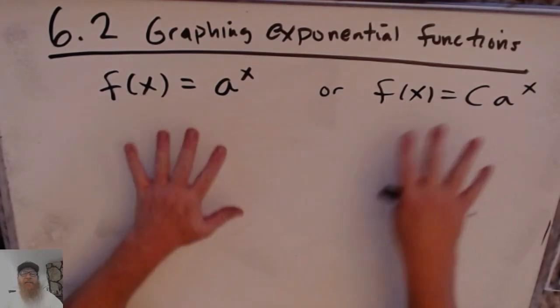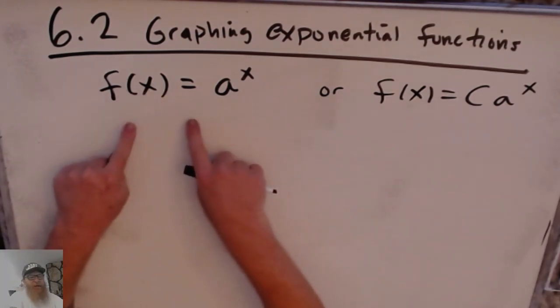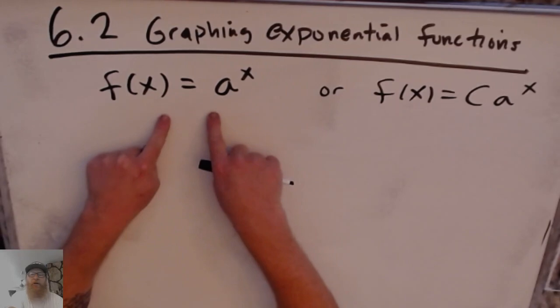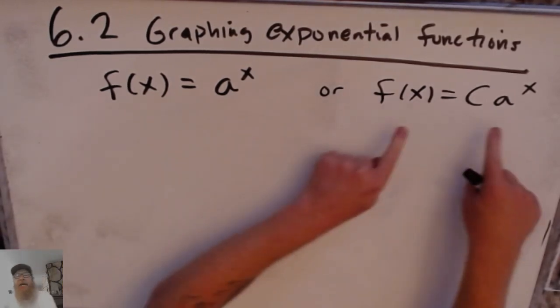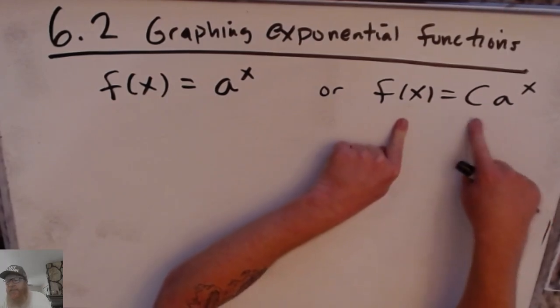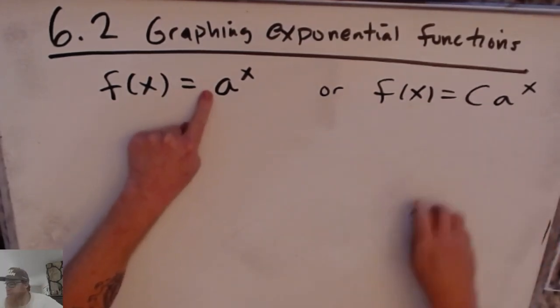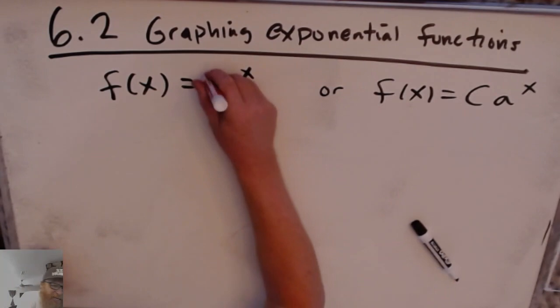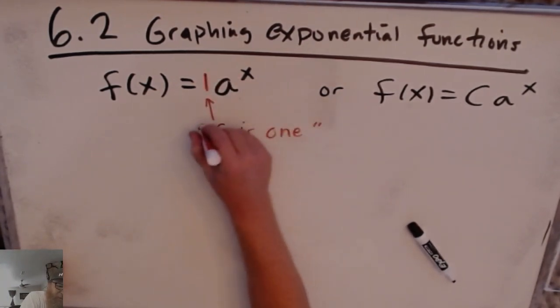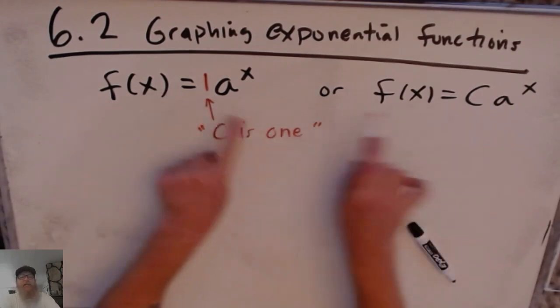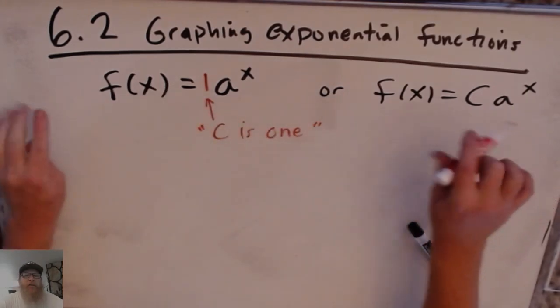It turns out that these are actually the same type. The original, what we call the mother function, f of x equals a to the x, is the same as f of x equals c times a to the x, but in this particular example, c is just 1. So it turns out that these equations are exactly the same function.